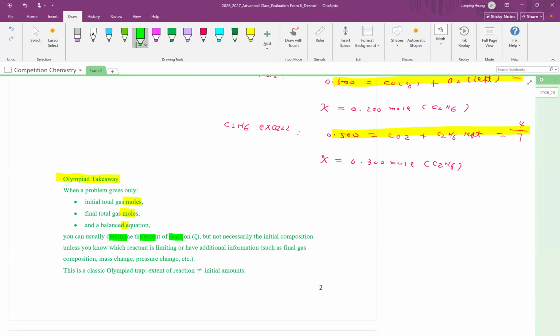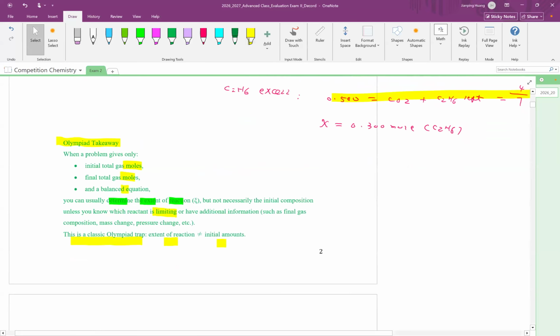We will discuss more when we discuss chemical equilibrium. This question is a classical Olympiad exam. Reaction extent is not equal to initial amount, and we need to determine which one is limiting.